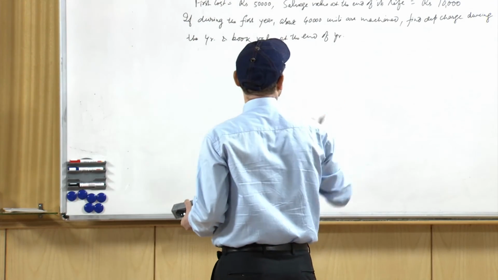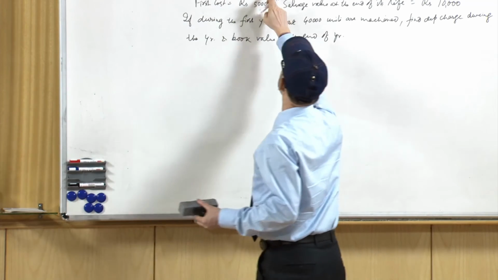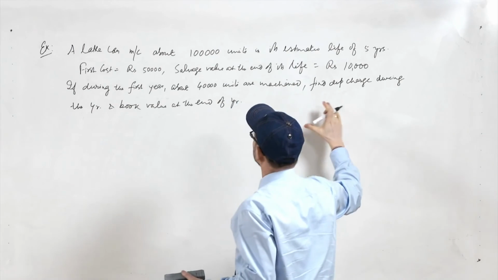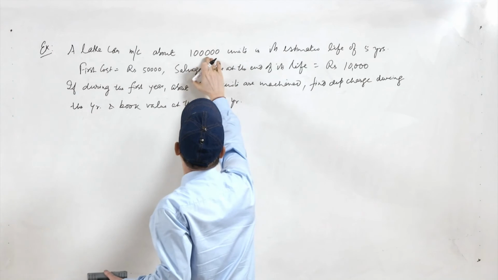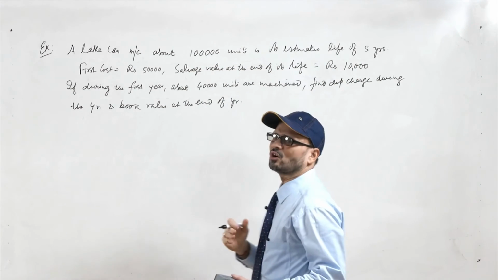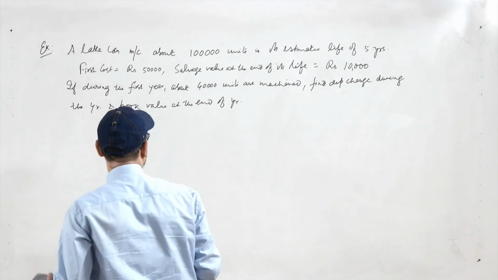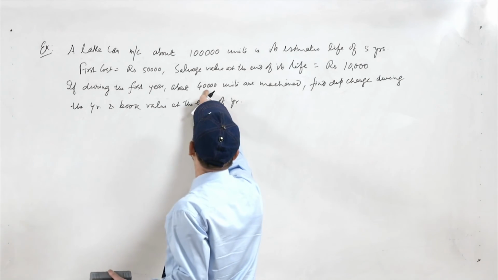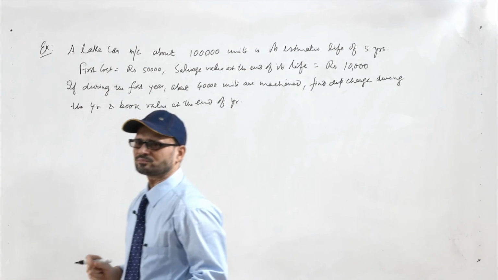The lathe machine is designed on average to work for 1 lakh by 5, that is 20,000 units per year. In this case it has machined about 40,000 units.